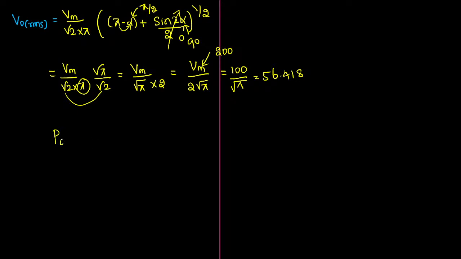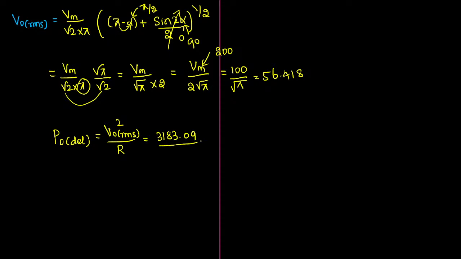Now the output RMS power, the output delivered power, will be equal to the square of this voltage divided by resistance: V naught RMS square divided by R. So this will be equal to 3183.09.